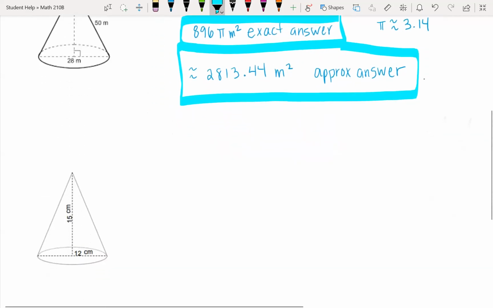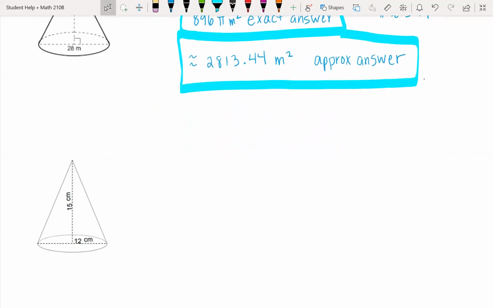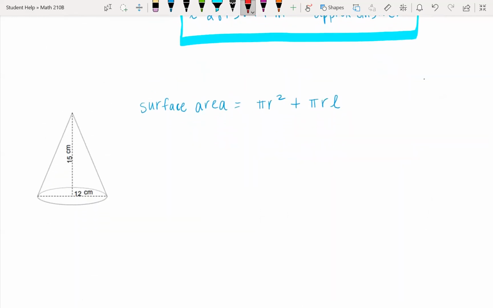All right, let's do one more example. The surface area is going to be pi r squared plus pi times r times L. In this example, we have the diameter and we also have the height, but we don't have the slant height. So what we're going to do is consider a triangle that's kind of on the inside of the cone.